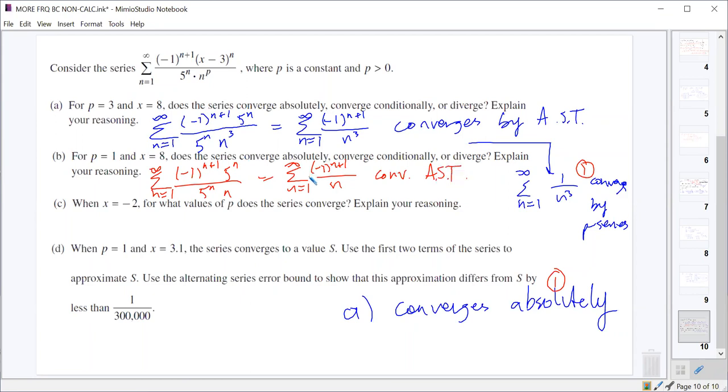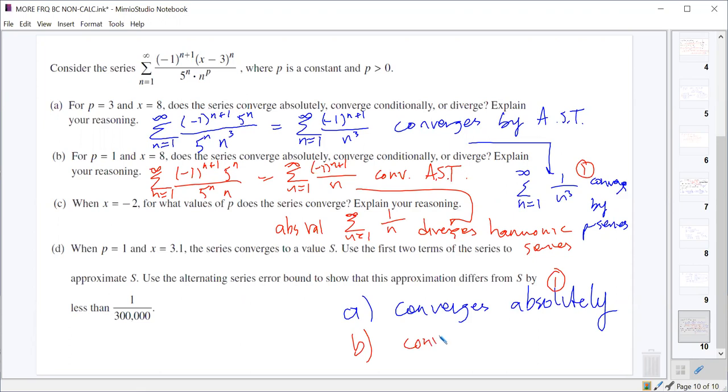If we take the absolute value of it, we just have 1 over n, and that diverges. You can say it's the harmonic series, or you can say it diverges by the p-series test, either way. So we've got that the series itself converges, but its absolute value does not.